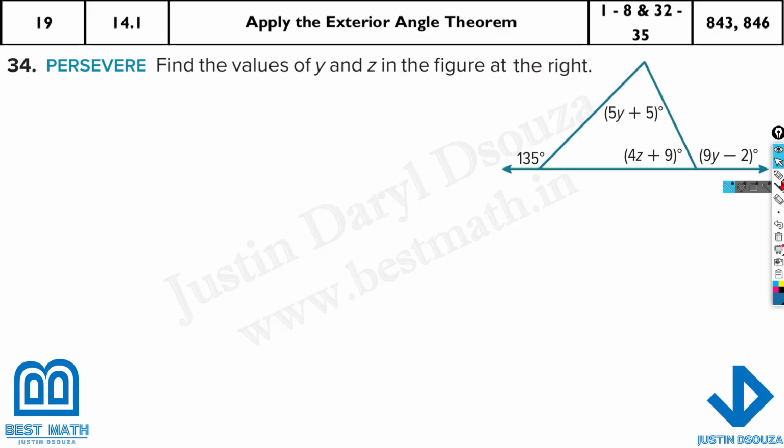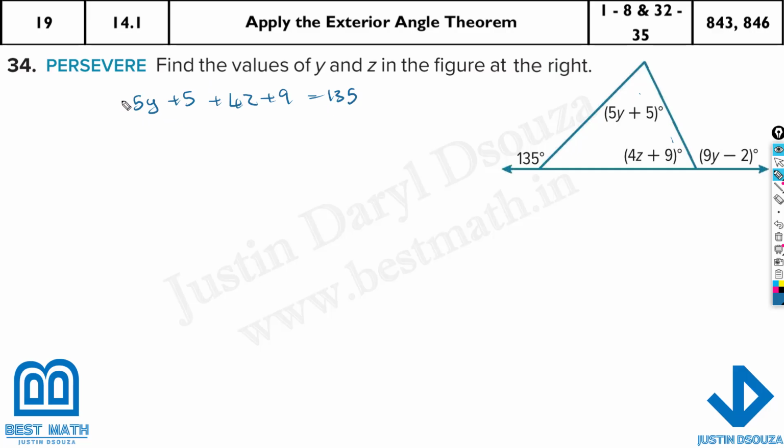Now we have another problem where we need to use the exterior angle, but now this is interesting. Why? Because there's y and z, two variables, and then we have the exterior angle. So what we can do is sum these both, add them both, that is equal to 135. That'll be 5y plus 5 plus 4z plus 9 is equal to 135.